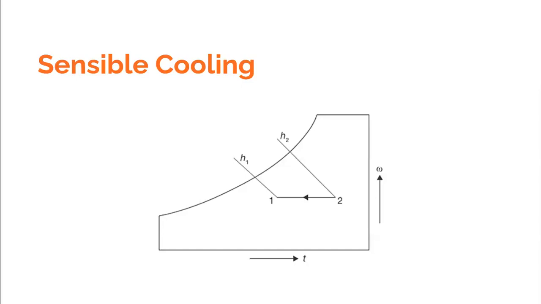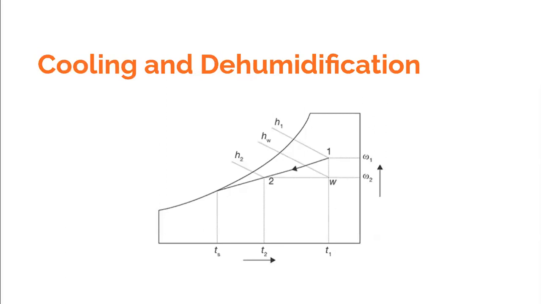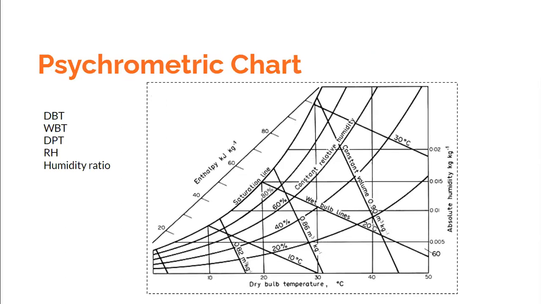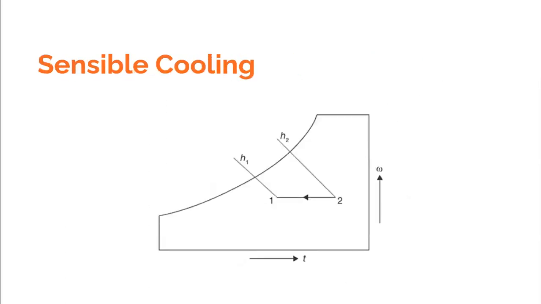During sensible heating, it would be just the opposite, meaning that when it is sensible heating, it would again be a horizontal line, but the arrow direction would change. And why would that be? That is because the temperature would increase. So in the sensible cooling, the temperature drops down, but in a sensible heating, the temperature would increase.